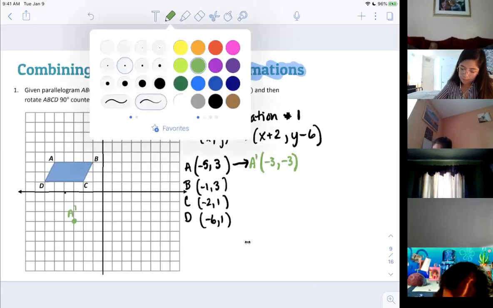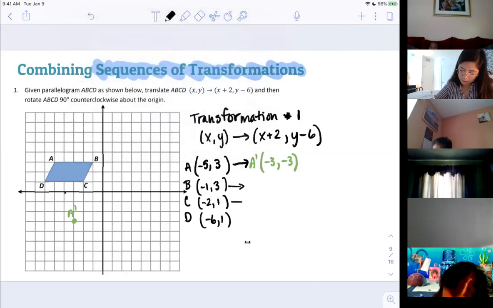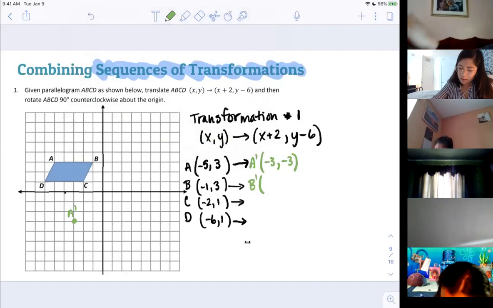Now I go for B prime. Same thing, I'm going to add 2 units to the x value and then subtract 6 units from the y value. So -1 plus 2 is 1. And 3 minus 6 is negative 3.